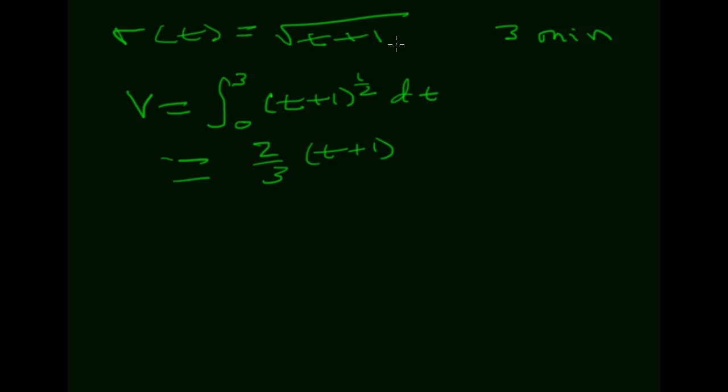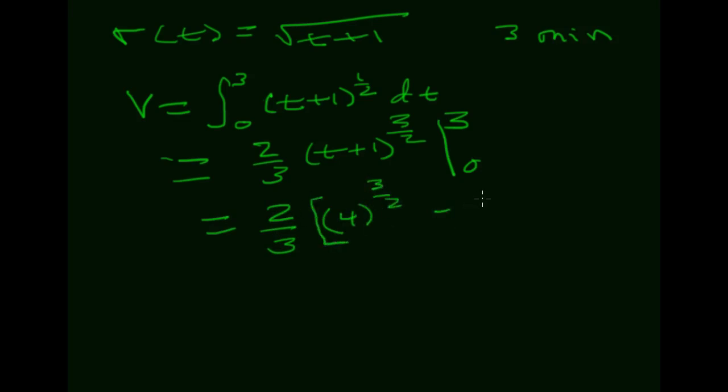In the problem in the notes, this is gallons, not cubic centimeters, so we're going to make it gallons. From 0 to 3, if I put 3 in there, I get 4 to the 3/2, and if I put 0 in there, I get 1 to the 3/2.